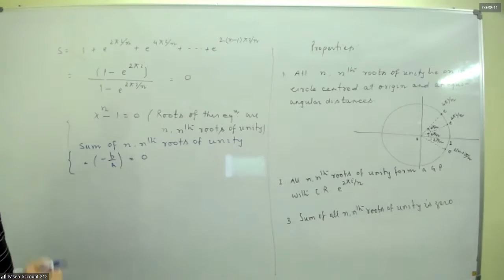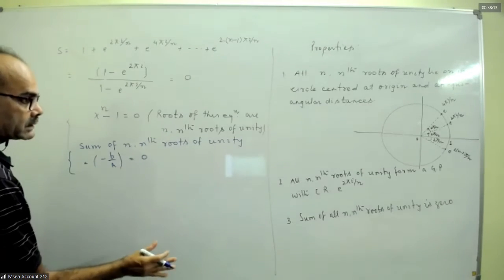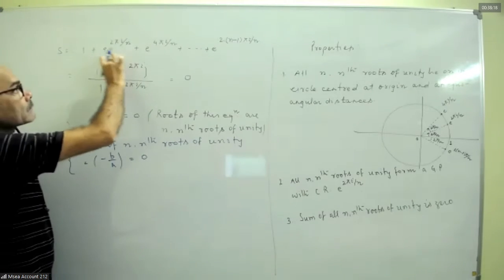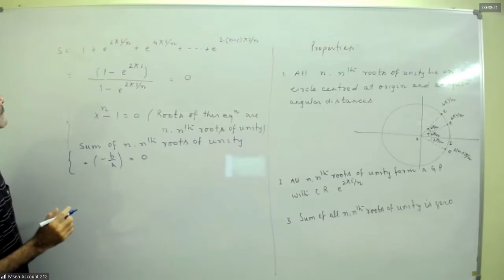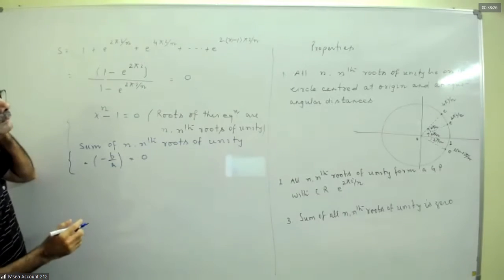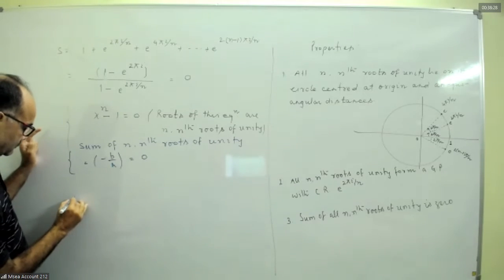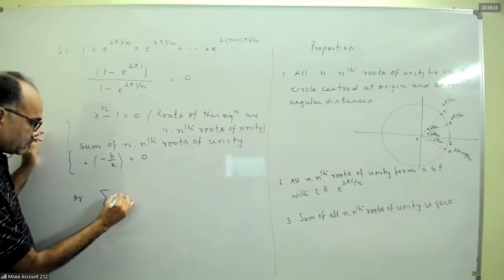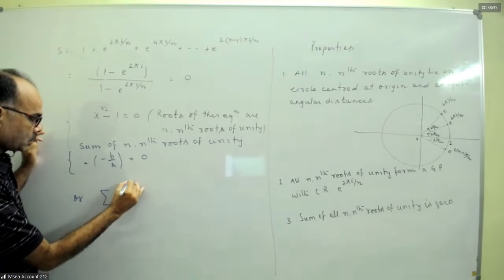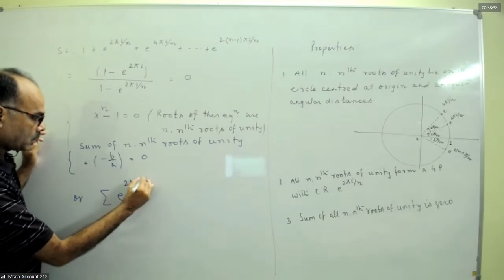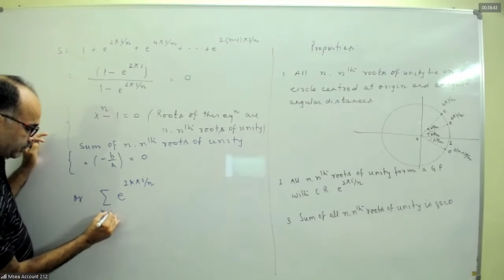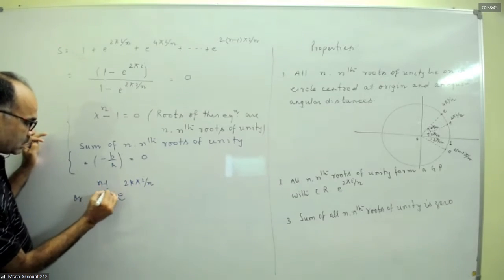Now, continuing the same result, in summation form we can write it: summation of e to the power 2k pi i by n, k going from 0 to n minus 1. This will be 0.